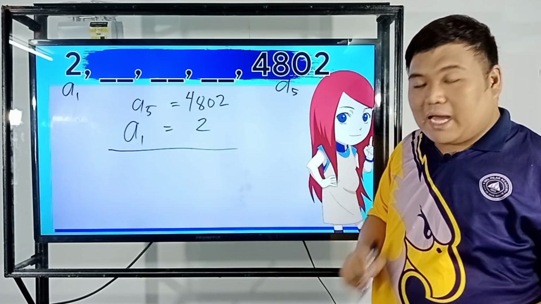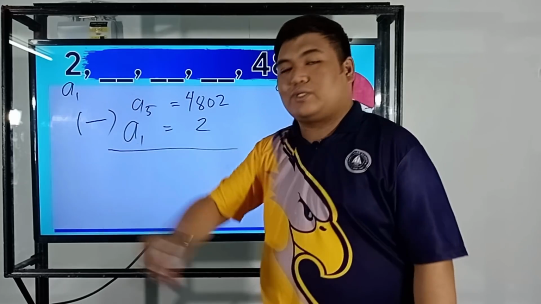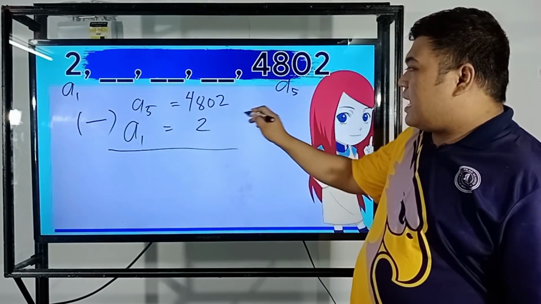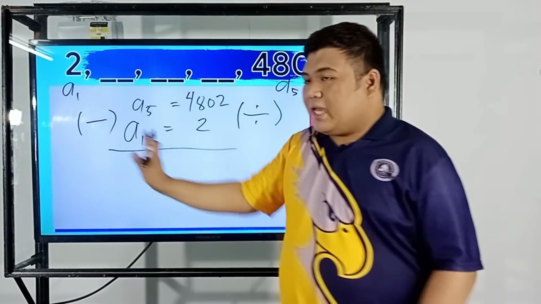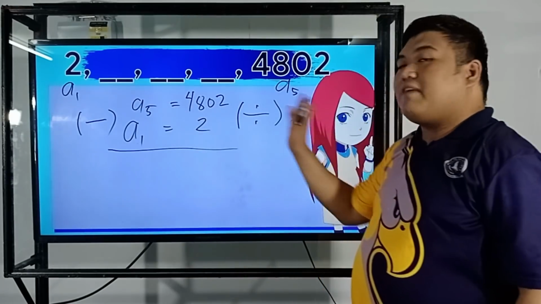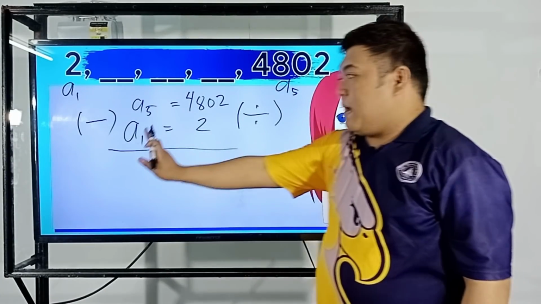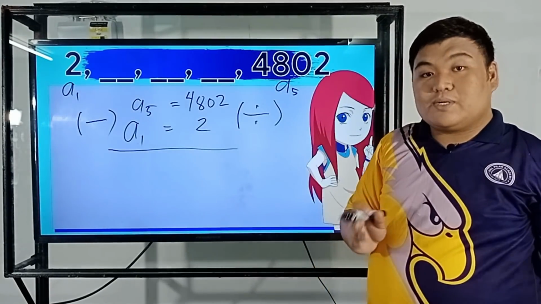Dito ay magkaiba. Doon sa number of terms, ang gagawin natin ay minus. Dito naman sa kabila is divide. Minus sa kaliwa, doon sa may mga A, then divide yung sa kanan.